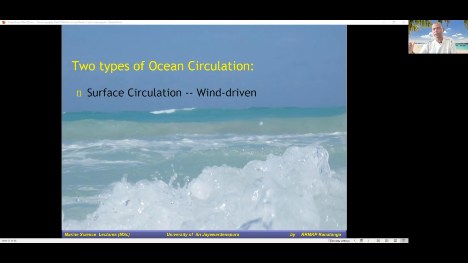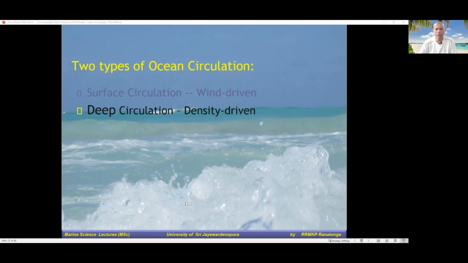Wind will not affect the bottom layers, like 500 meters or 1000 meters, but in the surface layers the wind will affect. Because the surface circulation is mainly from the wind, we call it the wind driven circulation, or the surface circulation, or the wind driven ocean circulation.